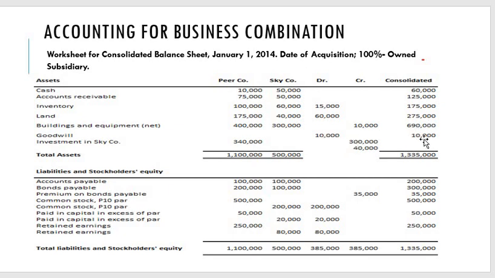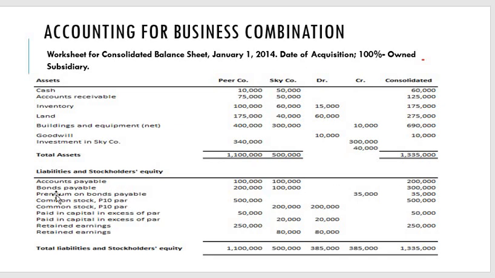So the goodwill, we recognized goodwill, we debited 10,000, it's 10,000. And then the investment in Sky Company should be eliminated in the consolidated column. Then our accounts payable, that's 100,000 plus 100,000, that's 200,000. Our bonds payable, that's 200,000 plus 100,000, that's 300,000.